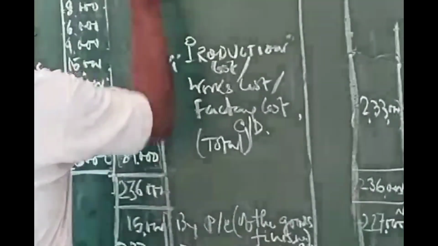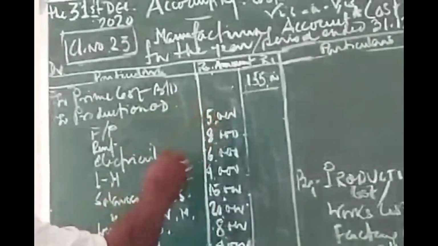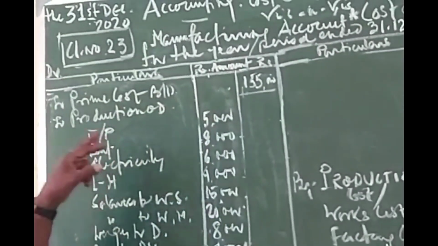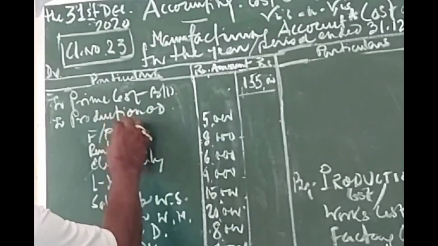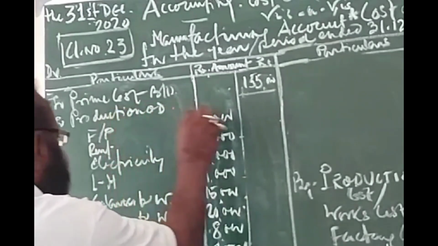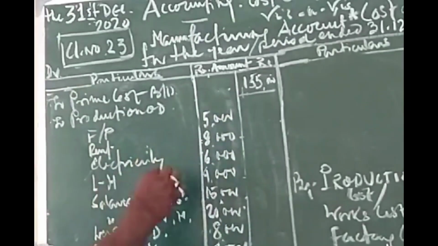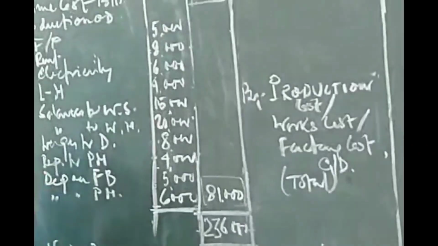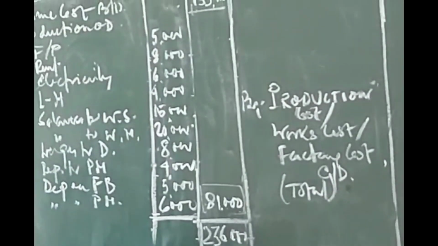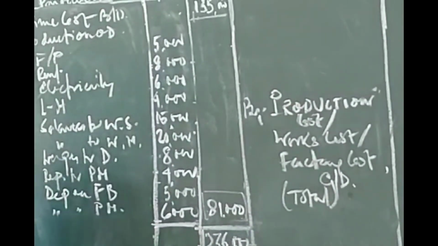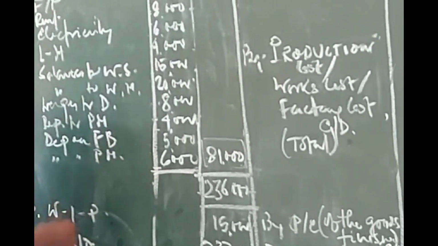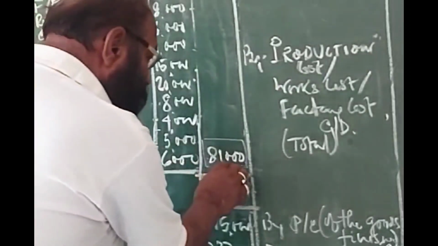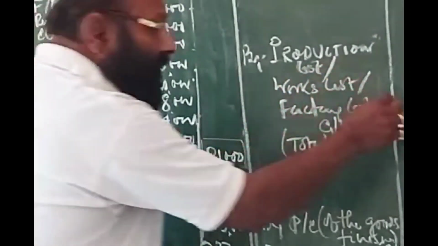To this prime cost we add production overhead: fire, rent, electricity, lighting, heating, salaries to work staff, salaries to works manager, wages to Darwan, repairs to plant and machinery, depreciation on furniture, depreciation on factory building, and depreciation on plant and machinery. We got 81,000, which was the total production cost.